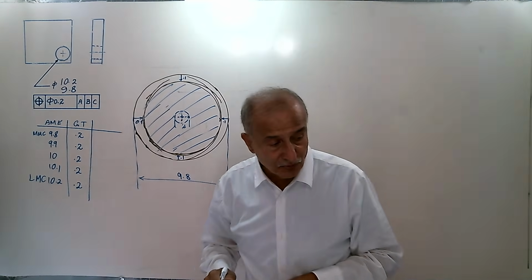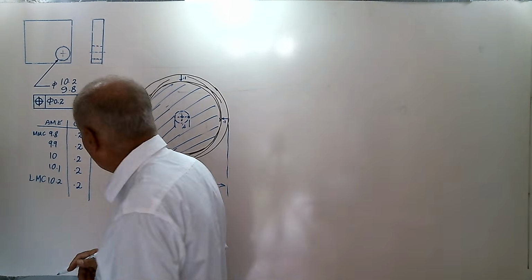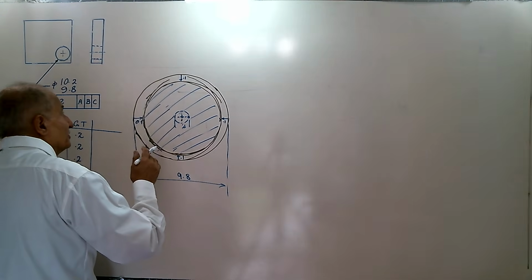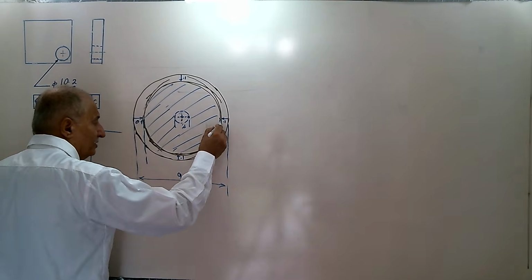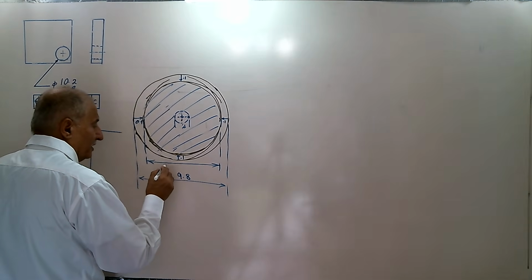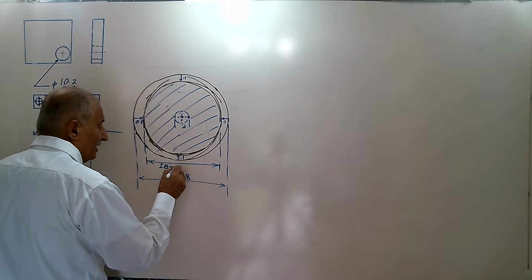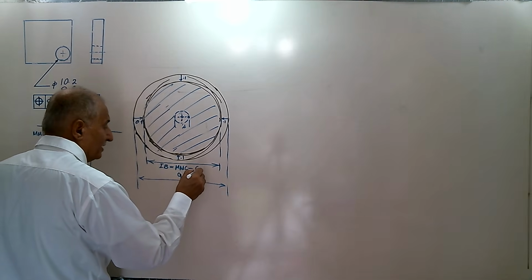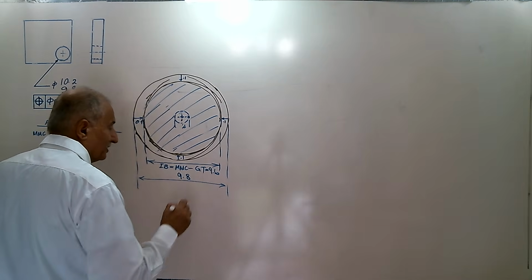Then the inner boundary here happens at MMC minus geometric tolerance. Let's say the size of the inner boundary equals MMC minus GT. How much is it? 9.6.